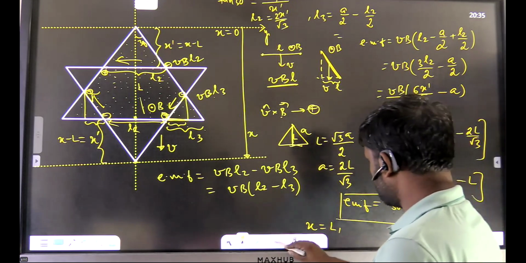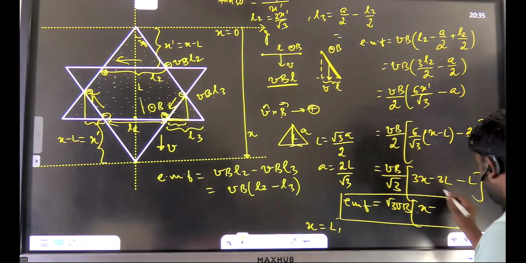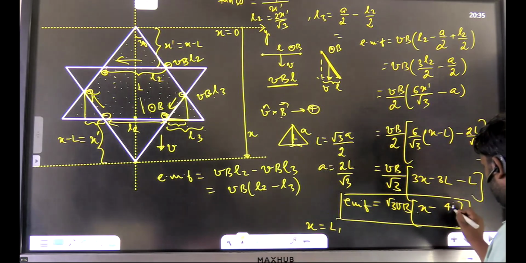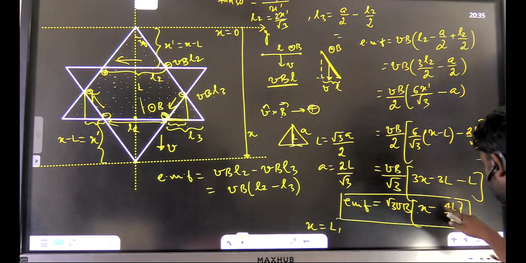Sorry, we made a mistake here. This is not 3L by 4, it is actually 4L by 3, because 3 we have taken outside. So this becomes 4L by 3.